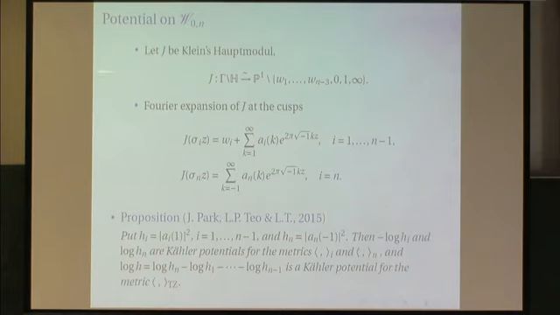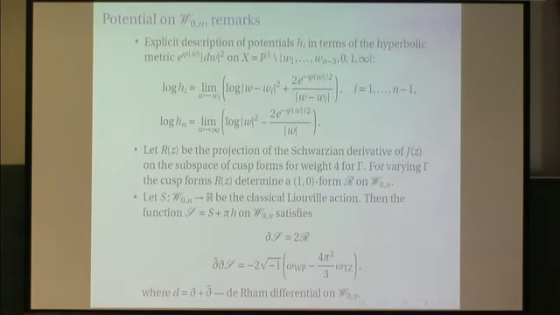This function is Schlicht, therefore the first Fourier coefficients are non-zero, and their modulus squared are positive, therefore the logs are well defined. Then these functions can also be explicitly described in terms of the hyperbolic metric by using these asymptotics that I discussed. Then this function is given by this formula.